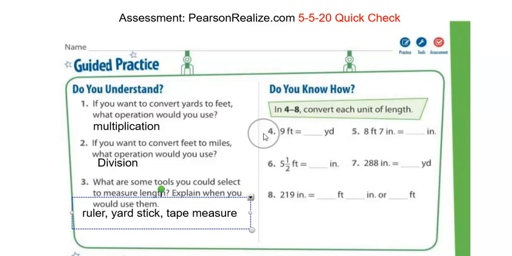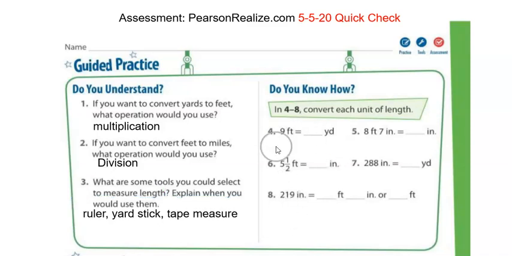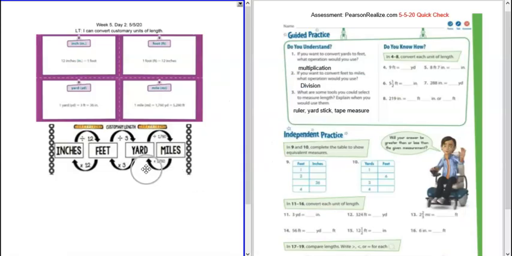All right, so looking at number 4, we're going from 9 feet to yards. So we want to start here at feet and acknowledge that we have 9 feet and that we want to go to yards.